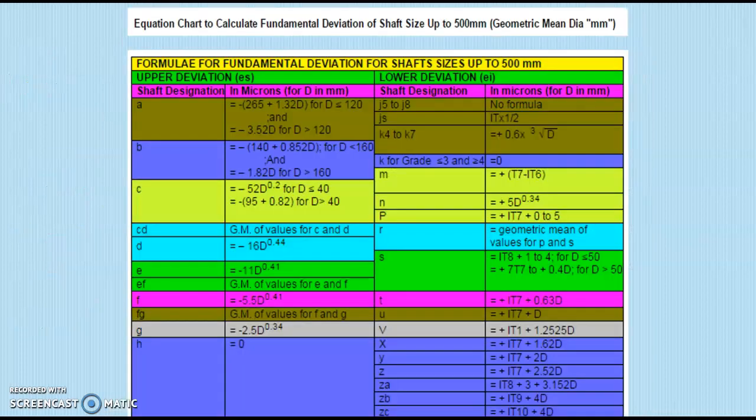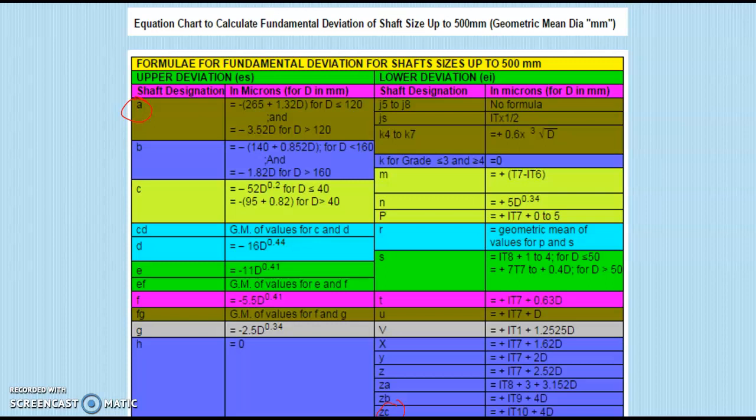This chart shows the equations for fundamental deviations of shafts up to 500 mm, and the fundamental deviation of shafts starts with small a and goes up to small zc. All fundamental deviations have different equations, and these equations are applicable to find the fundamental deviation of the shaft, assuming that we are following the hole basis system.